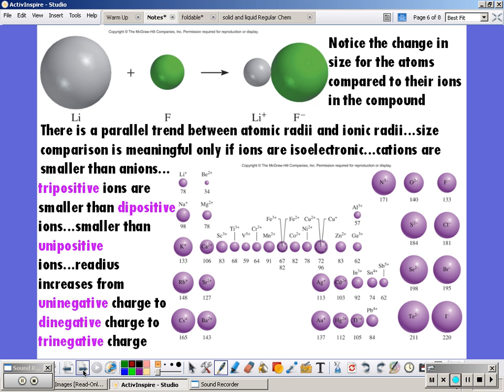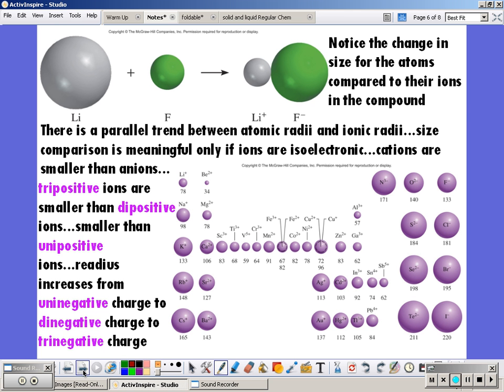So there's a parallel trend between atomic radius and ionic radius. The size comparison is meaningful only if the ions are isoelectronic, which remember means they have similar electron configurations. Cations are smaller than anions. If we have a tripositive or +3 ion, it's going to be smaller than a dipositive or +2 ion, which is going to be smaller than our unipositive or +1 ion.